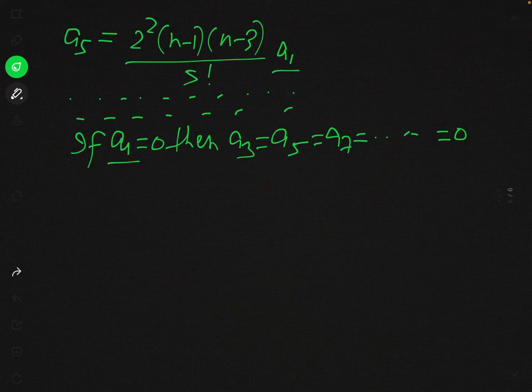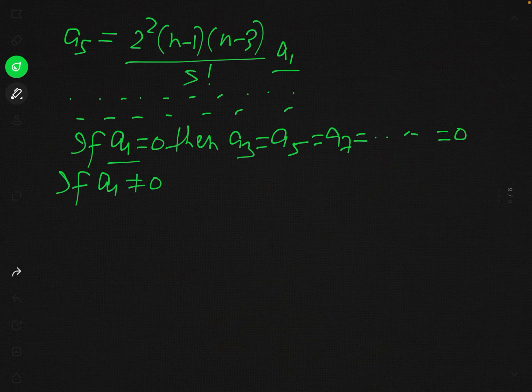But if a1 is not 0, because you have seen that when m is 0, then there are two possibilities: a1 may be 0 or a1 may not be 0. So if we consider that a1 is not equal to 0, in fact, in that condition, all the coefficients having odd and even subscripts will be actually non-zero.